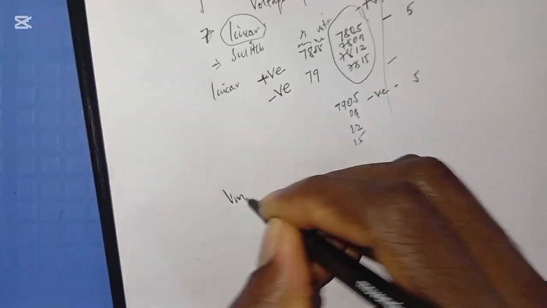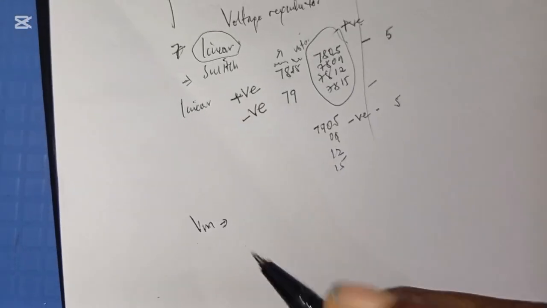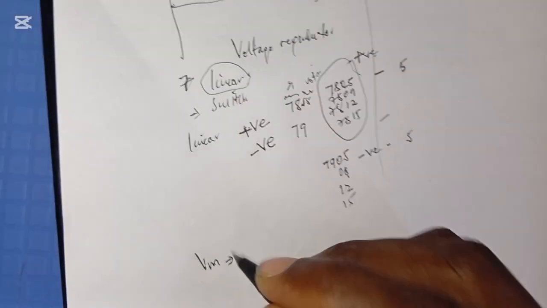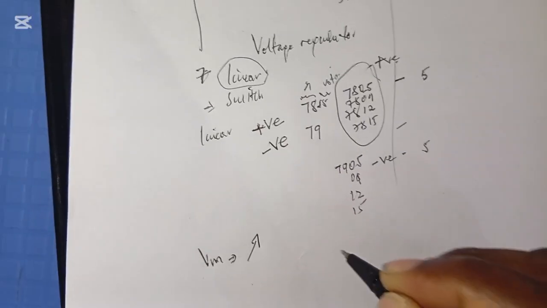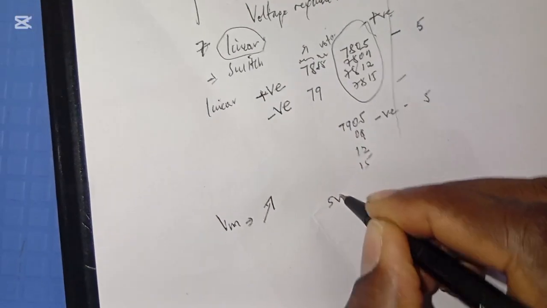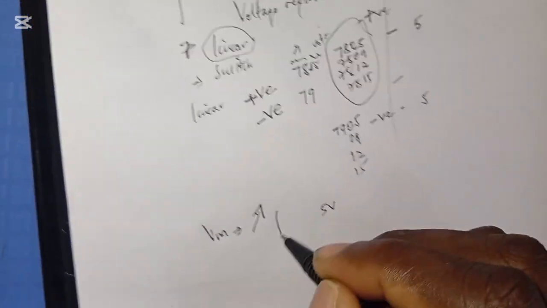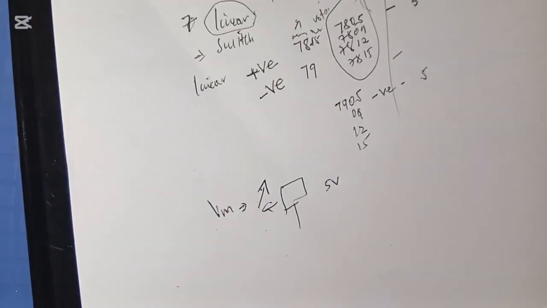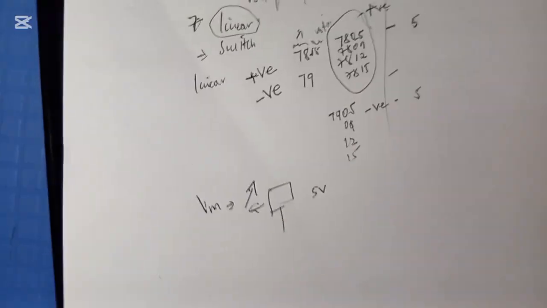Then you need to know the input. What is the input voltage? For regulation to happen, the input voltage must be higher than the output voltage. Meaning that if you want to achieve 5 volt, the voltage fed to the voltage regulator should be more than 5 volt. Then you'll have to consider your output.